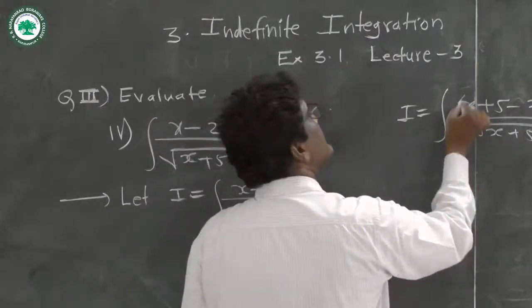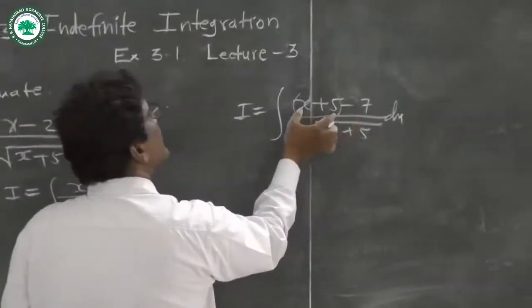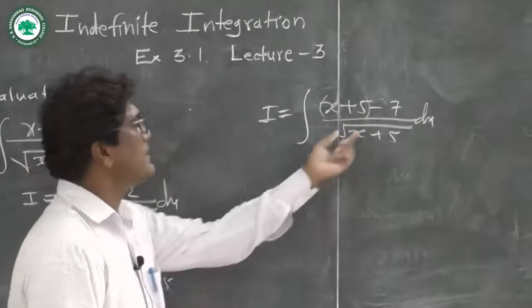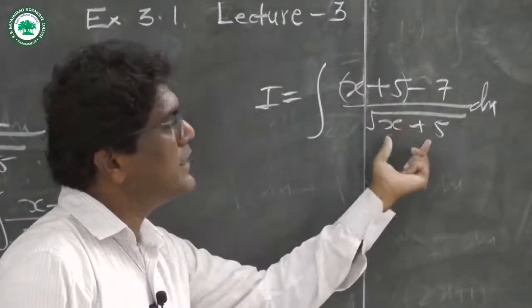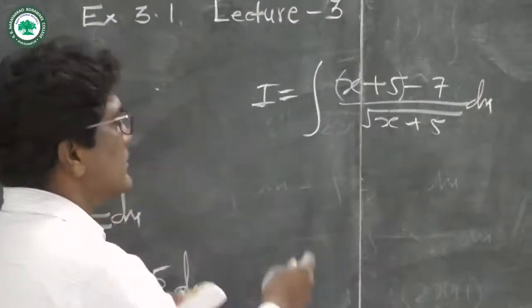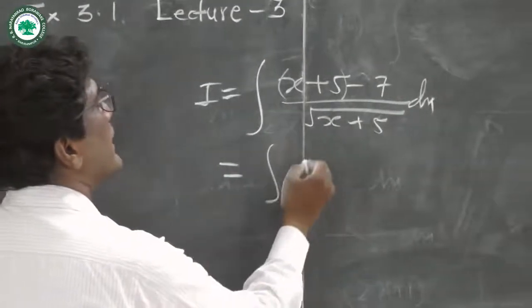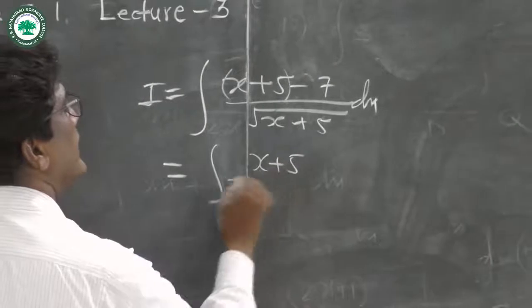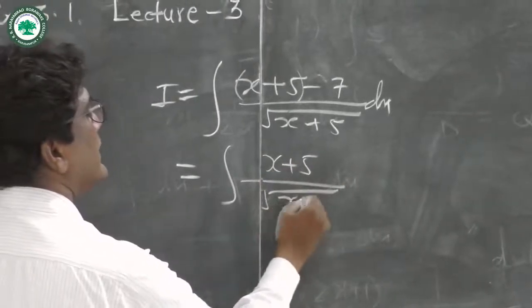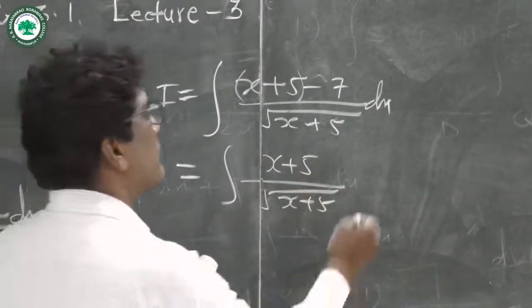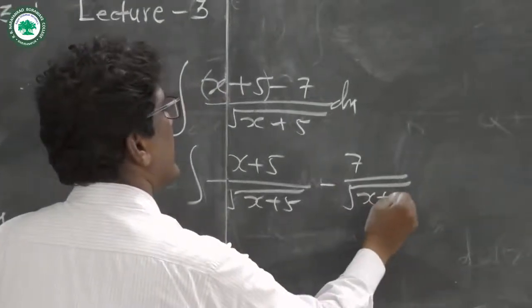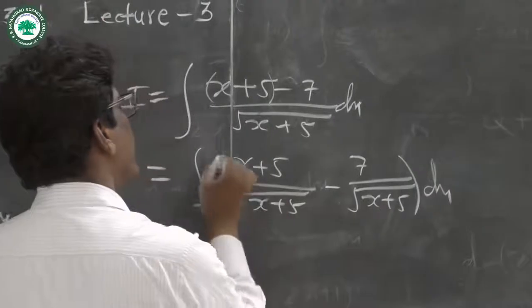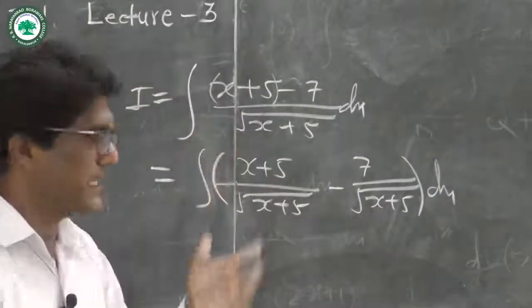Now we consider these two terms in the bracket. We write x plus 5 and minus 7. We divide this x plus 5 and minus 7 by the denominator separately. So x plus 5 divided by root of x plus 5 minus 7 upon root of x plus 5 dx. We divide the numerator separately.